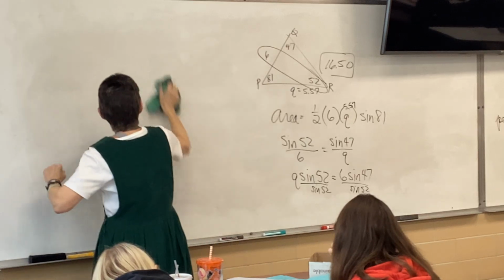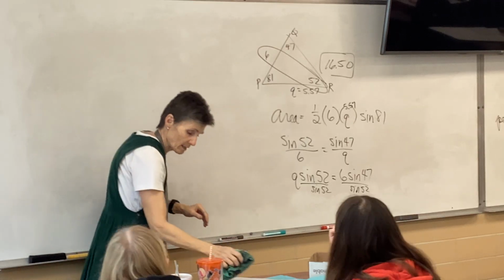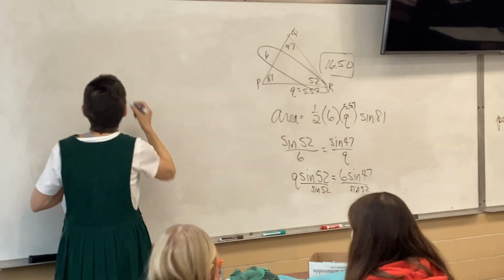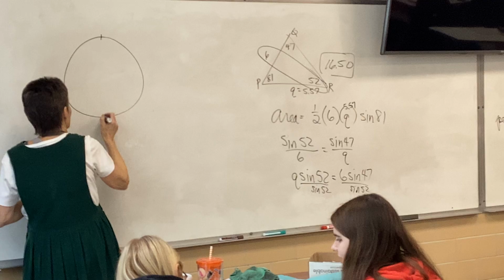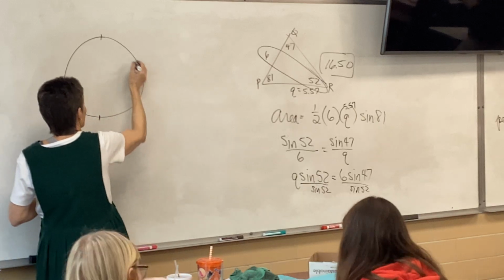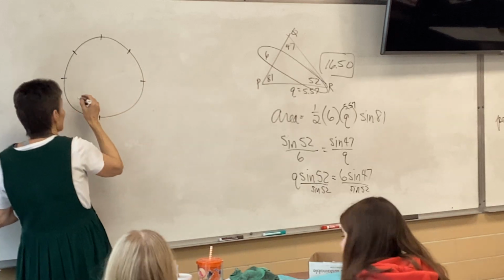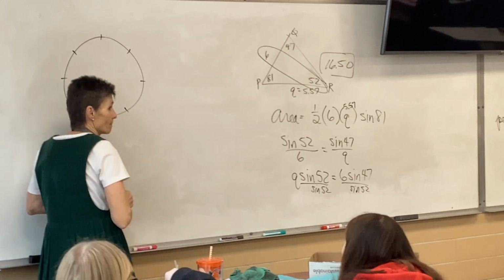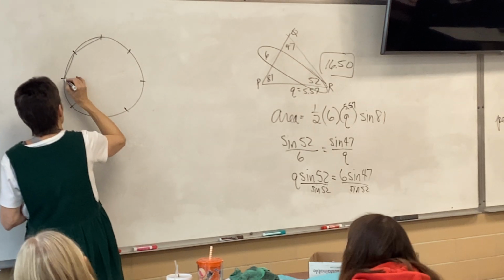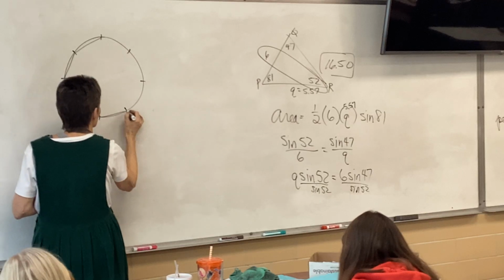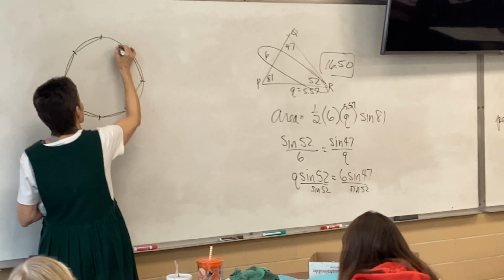So I need to draw a picture, draw whatever kind of picture you want, but I'm going to draw a circle. I'm going to make 8 evenly spaced hash marks around my circle and connect them. There we go.